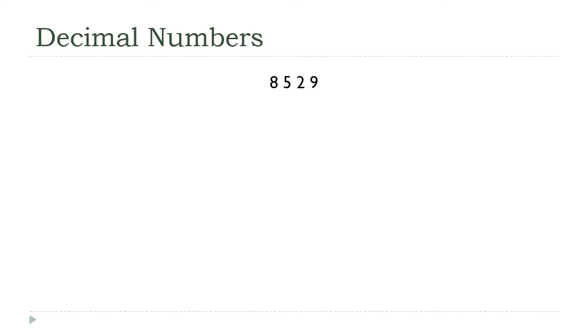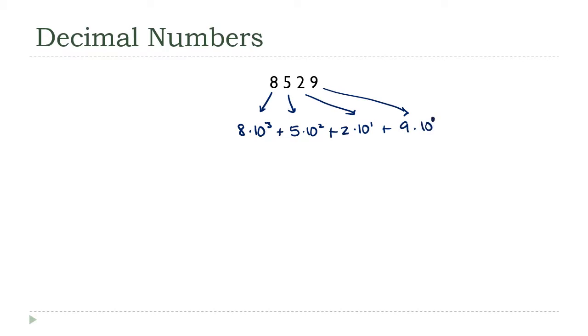For example, a number like 8,529 is saying that this number represents 8 thousands plus 5 hundreds plus 2 tens plus 9 ones or units, which would be 10 to the 0. Notice how every number here is based on some number of powers of 10.